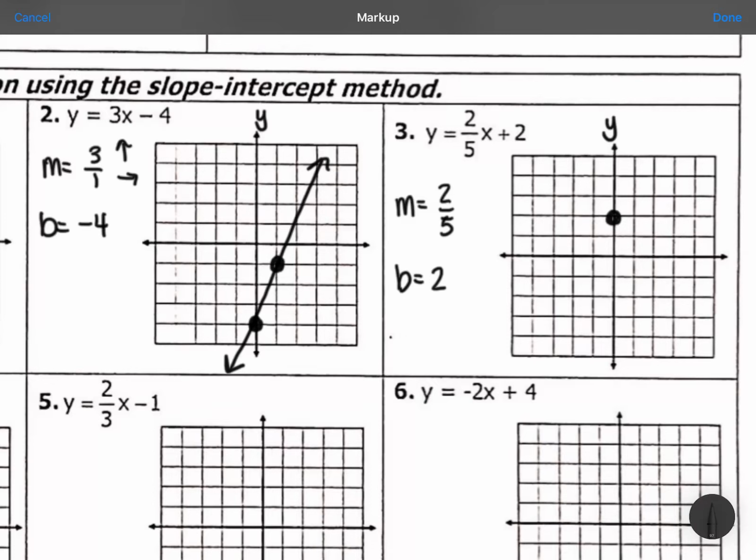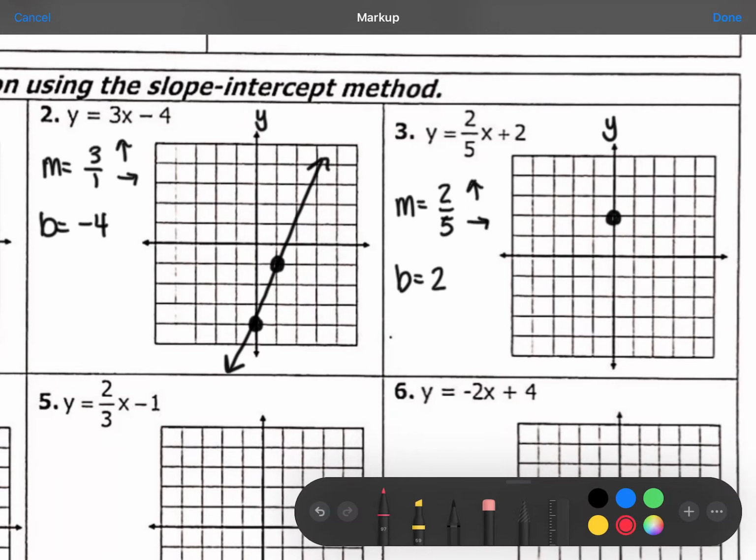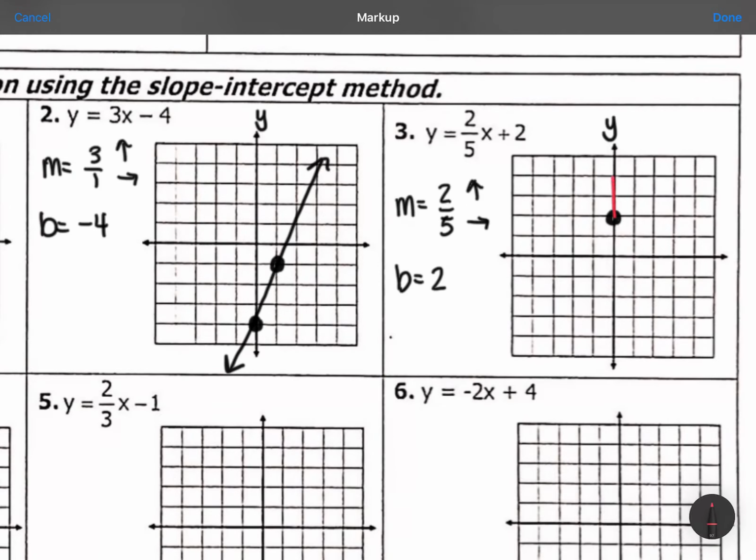From 2, my slope is positive 2 over positive 5. So positive is up and positive is right. So I'm going to go up 2 and then to the right 5 units. 1, 2, 3, 4. Oops, 1, 2, 3, 4, 5. I can't even count. Here, I'm going to show you with my red pen. Up 2, over 1, 2, 3, 4, and 5.